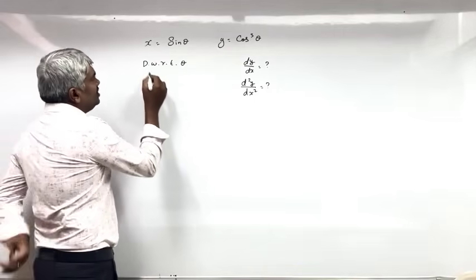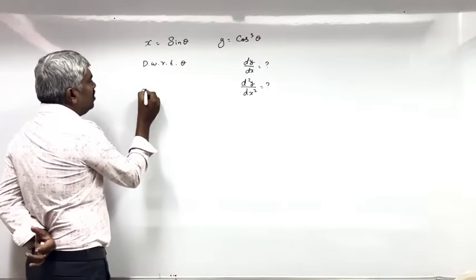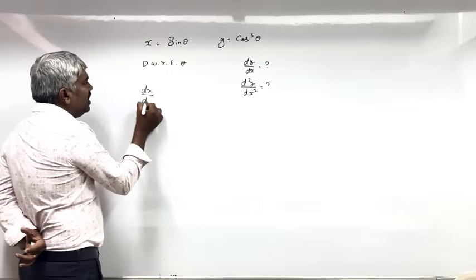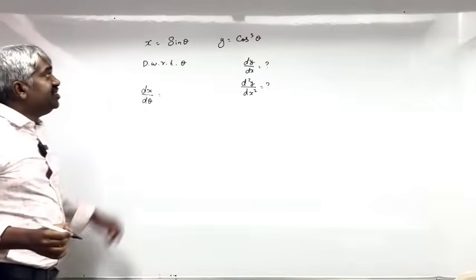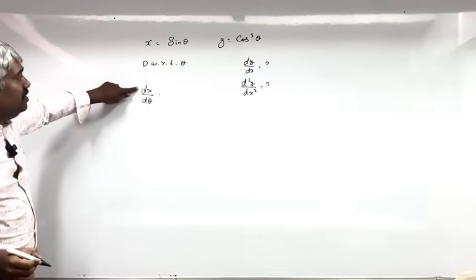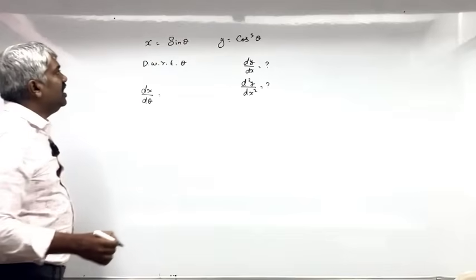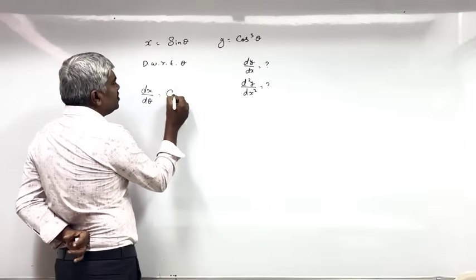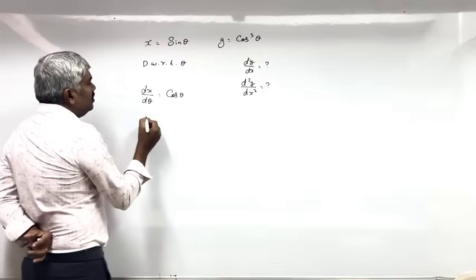First, we'll differentiate the term x with respect to theta. So dx by d theta, that is, I am differentiating x with respect to theta. The differential of sine theta is cos theta.